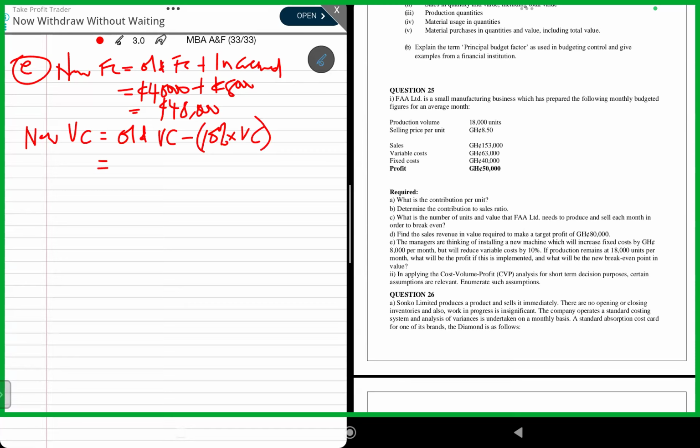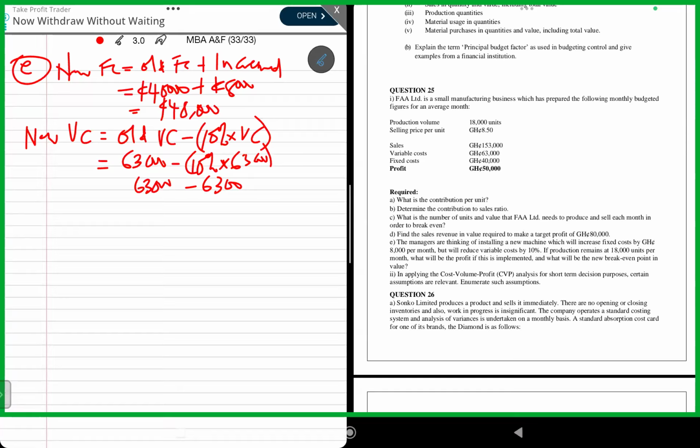Let's use this method. What's the old variable cost? 63,000. The 10% of variable costs, what do we have? 6,300.